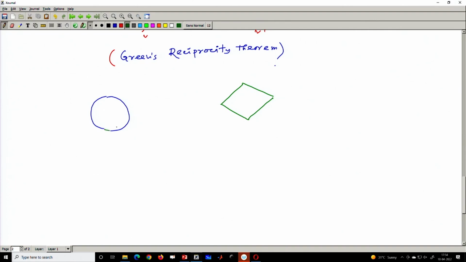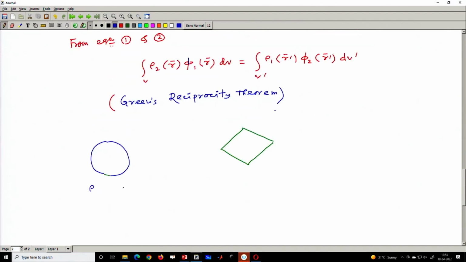For this case the distribution is rho 1 and potential is phi 1, and for this case the distribution is rho 2 and potential is phi 2.